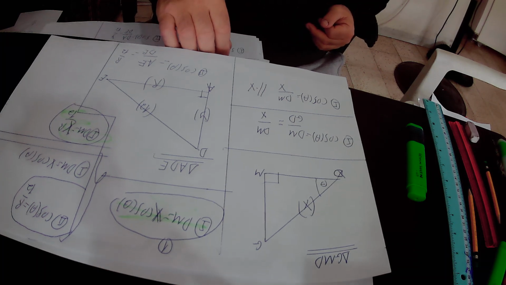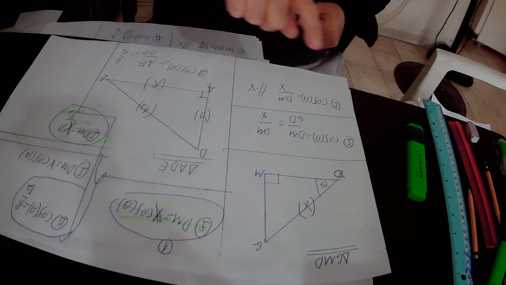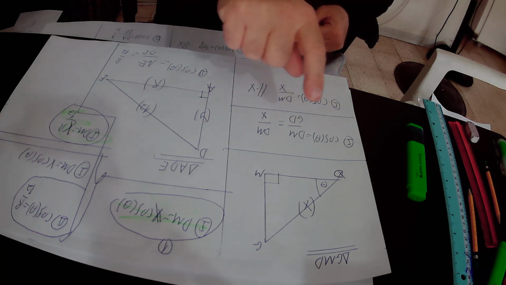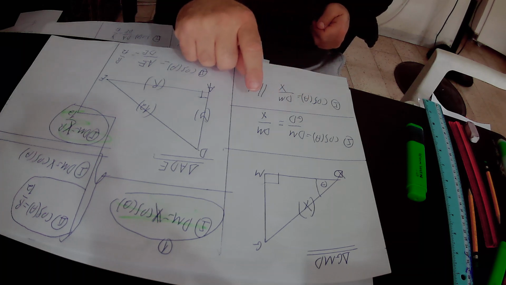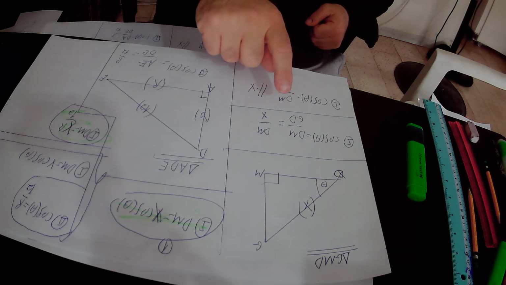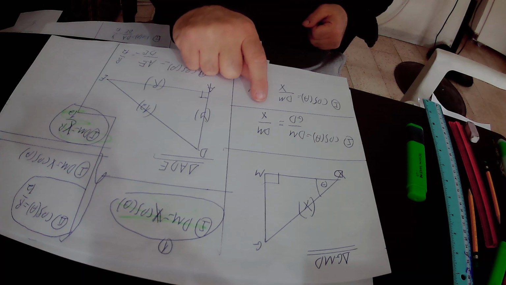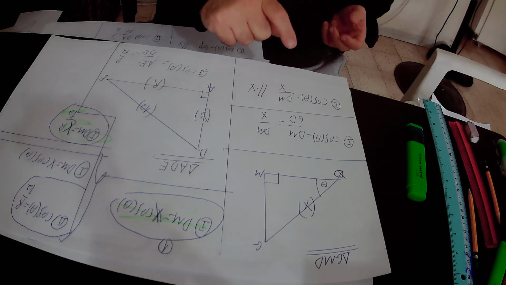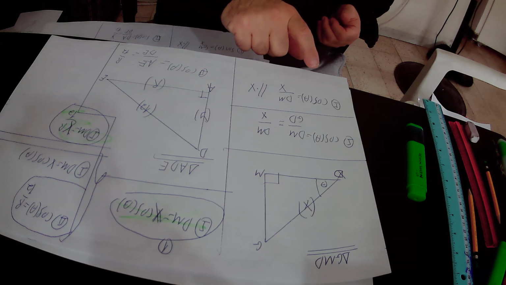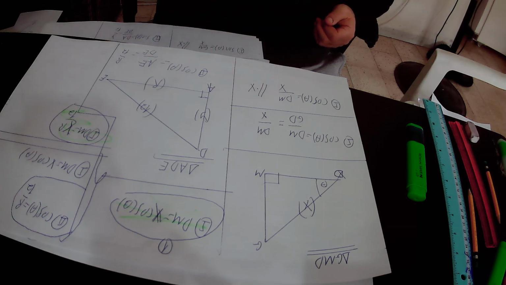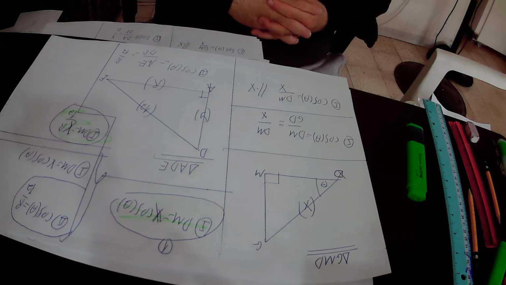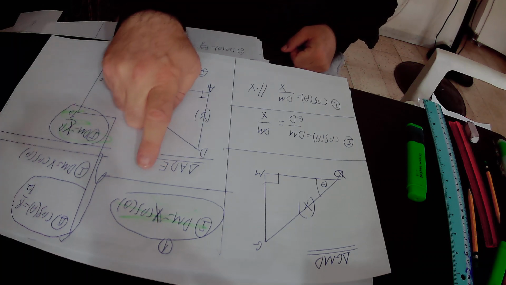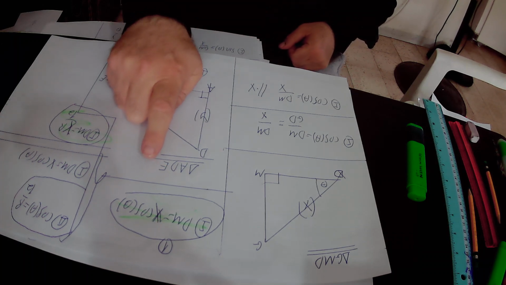It is very easy to see that cosine theta equals to DM over GD. DM is the missing side, so we leave it as it is, over GD. GD is x, so we substitute GD by x. So in total, we found out that cosine theta equals to DM over x. Here we multiply this equation 1 by x, and finally found out that DM equals to x times cosine theta. This is according to equation 1.